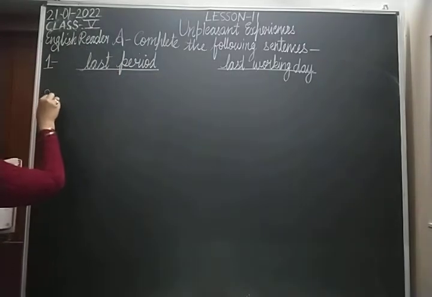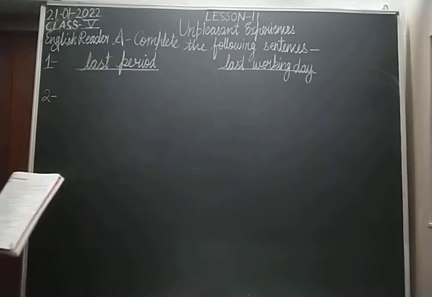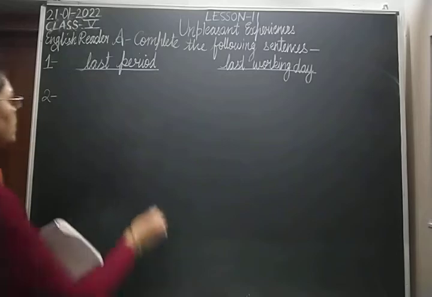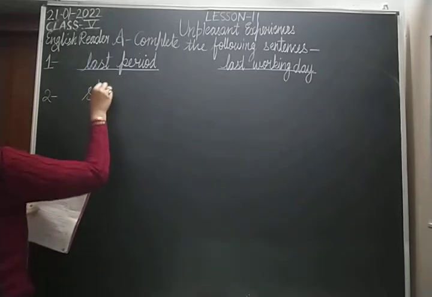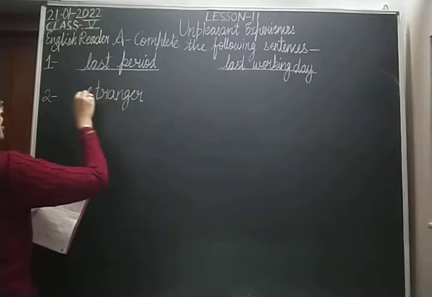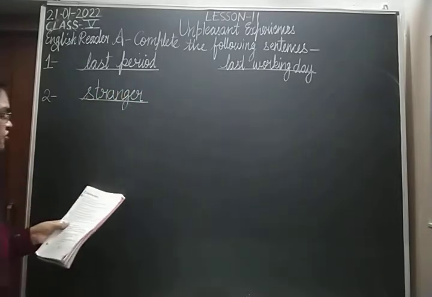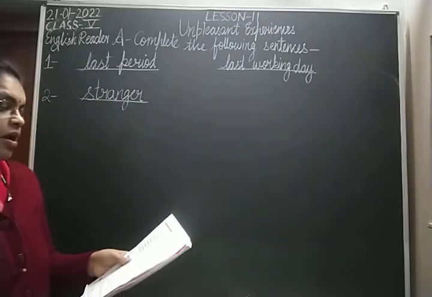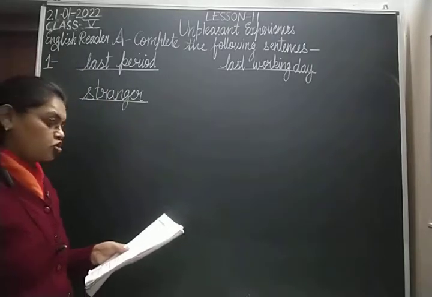Then the second one, a dash followed Meenu when she was returning home from the bus stop. So write stranger. Who followed? Stranger, an unknown person, someone we do not know. So a stranger followed Meenu when she was returning home from the bus stop.